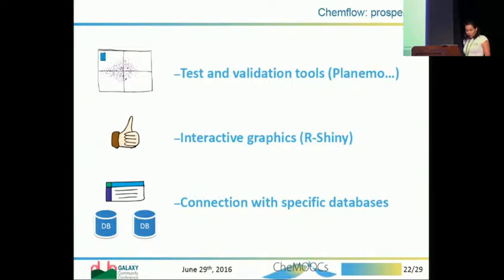We plan to connect Galaxy to a dedicated database containing collections of chemometric spectra, directly accessible from Galaxy tools. This database could also be fed directly from a Galaxy history. And finally, we want to integrate test and validation functionalities.